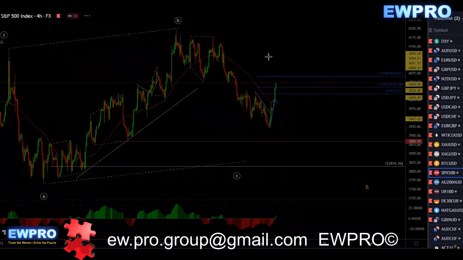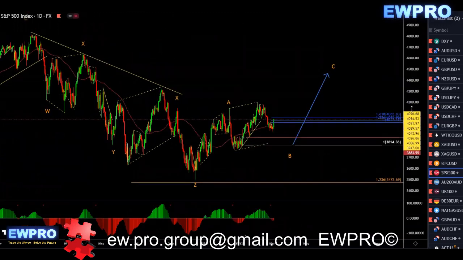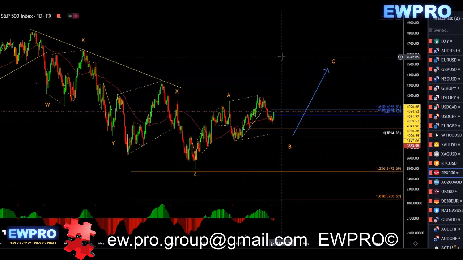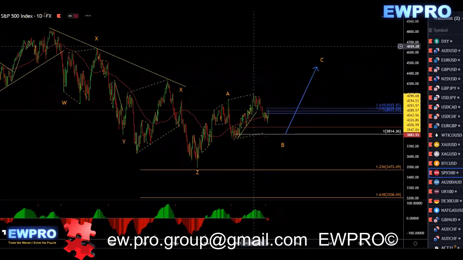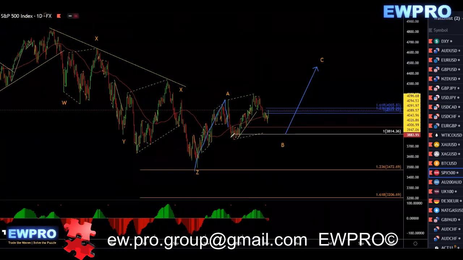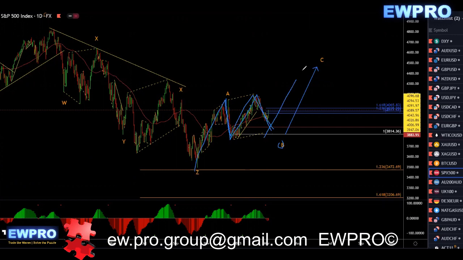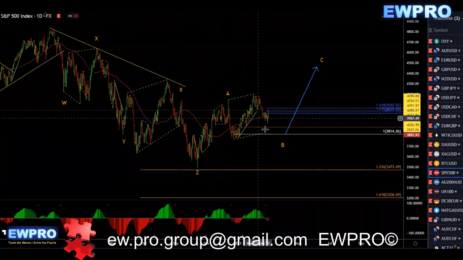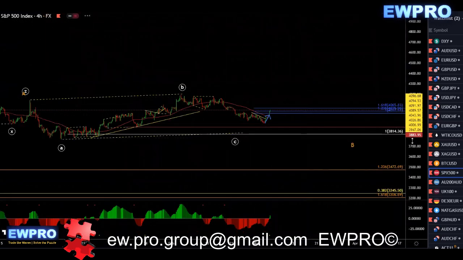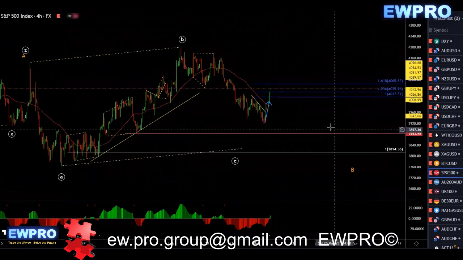S&P 500, this isn't too bad. We got that impulse up, impulse down, a B wave. I'm looking for an A, B, C to finish off this B wave as a running or expanding flat, and then more upside. So I'm only looking for buys, like I've mentioned many times.